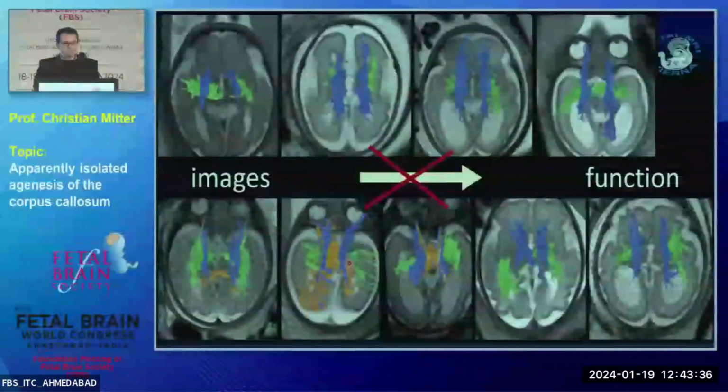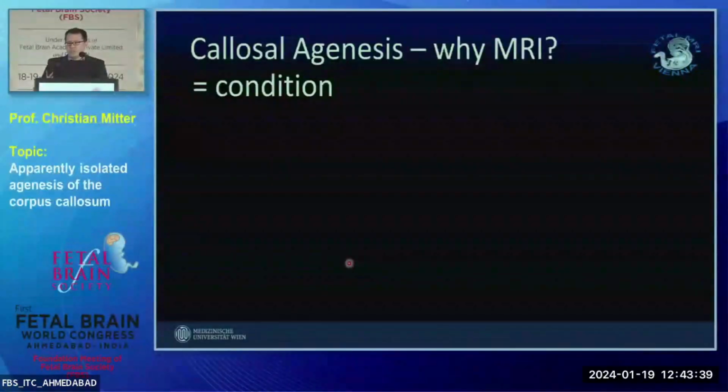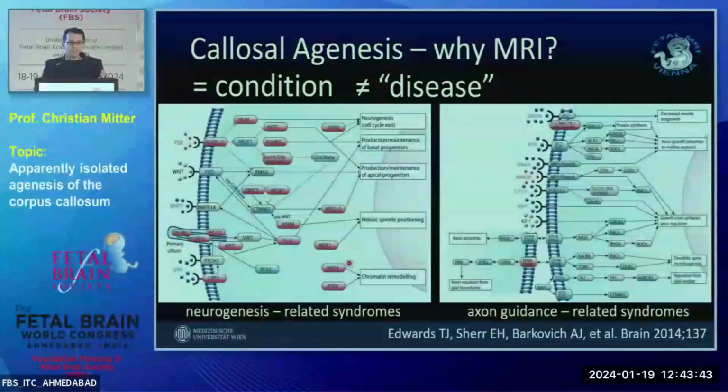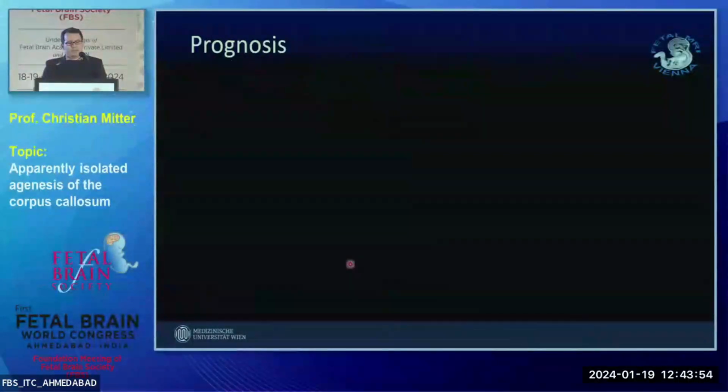The reason for this is that callosal agenesis is a condition and not a disease. In fact, there are more than 200 different diseases that are associated with callosal agenesis. So callosal agenesis is sort of the tip of the iceberg of an underlying brain disorder.